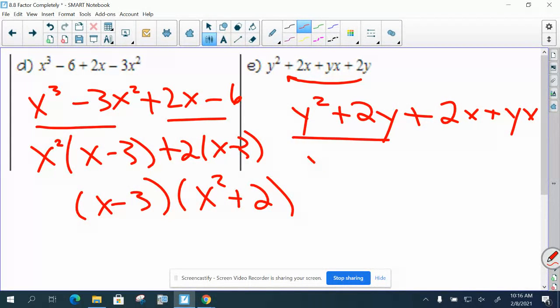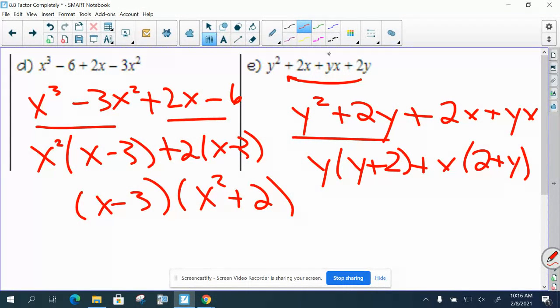So factor out y from the first group, and you're left with y plus 2. Here we can factor out an x, and we're left with 2 plus y. So y plus 2 and 2 plus y are still the same thing, but we'll just keep it as y plus 2, and then we're left with y plus x.